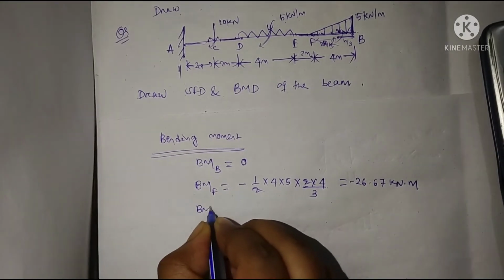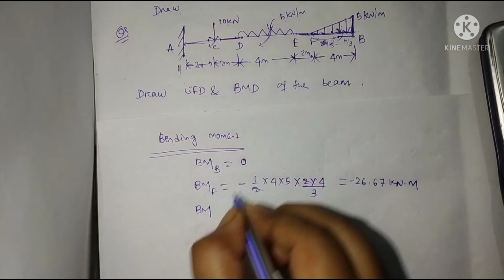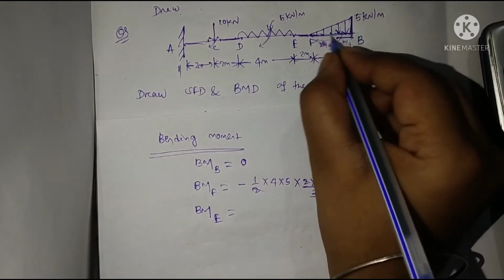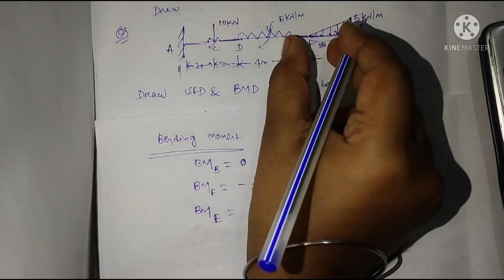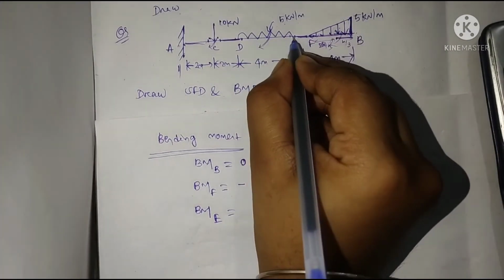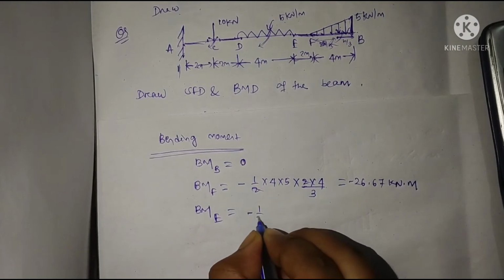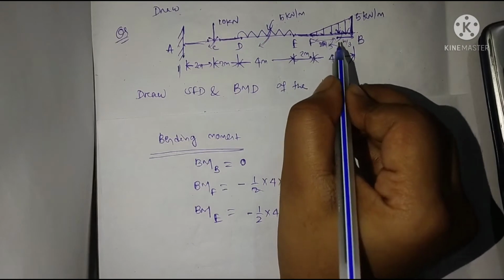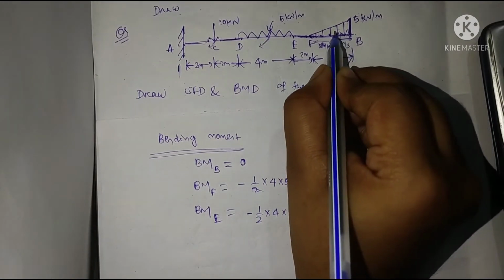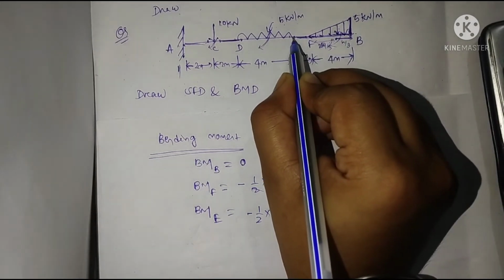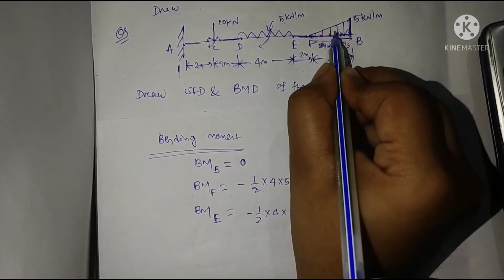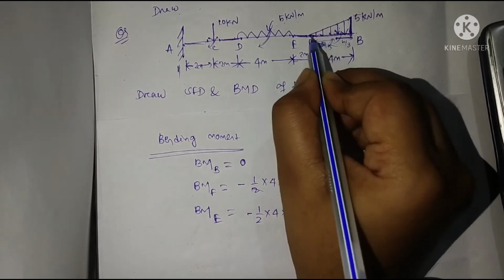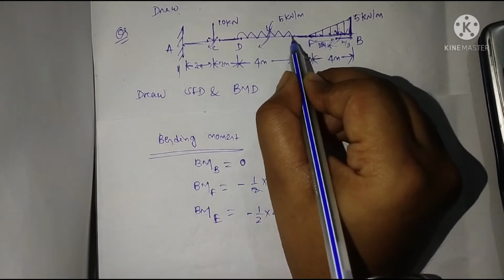Now we are calculating bending moment at point E. At point E, how much will be the bending moment? The intensity of loading into the perpendicular distance about this point. Intensity of loading is half into 4 into 5. Now we are calculating the distance. The distance is taken from its CG to the point where we are calculating bending moment. This will be 2h by 3, and now add this distance.